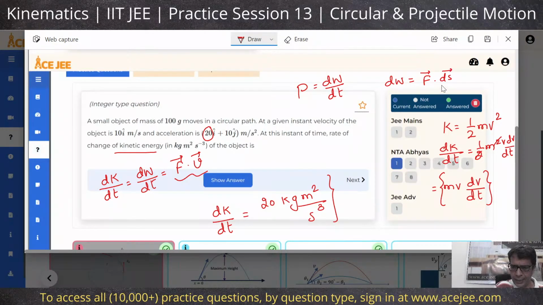When you divide by dt, you get F dot V. This is your power, the rate of work done. And we know from the work kinetic energy theorem that the net work done by all forces, conservative and non-conservative put together, gives you the change in the kinetic energy. So dW is equal to dk, the change in kinetic energy. So you can write dk by dt is F dot V.